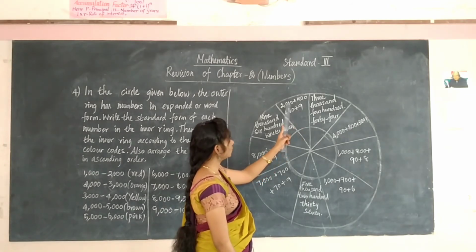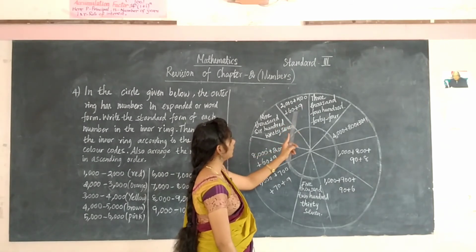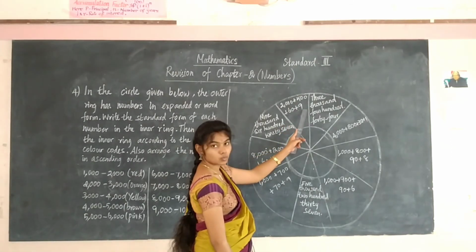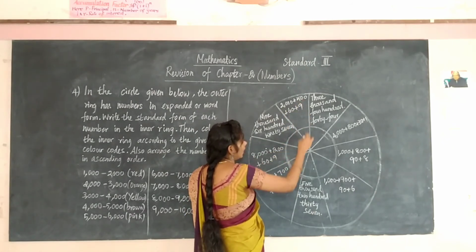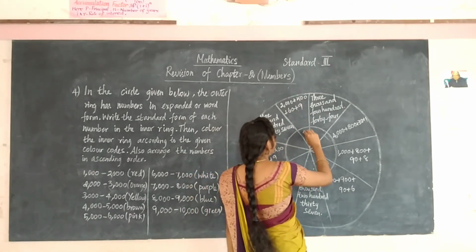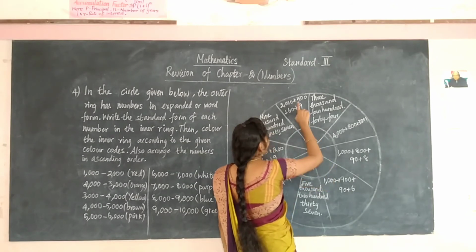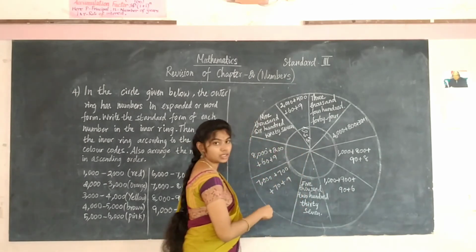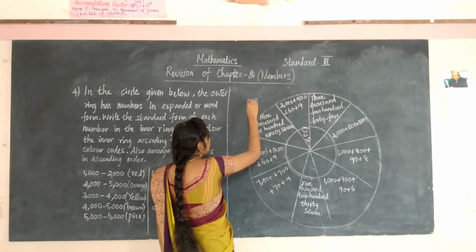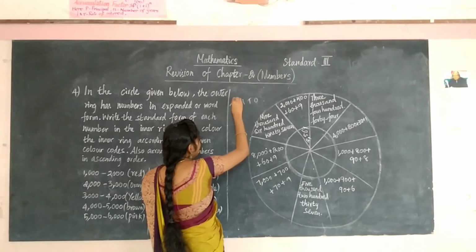So first we have to write thousands. This is the hundreds place, this is the tens place and this is the ones place. So what is the number? 2569. Write the number 2569. If you have difficulty, write the place values: ones, tens, hundreds and thousands.